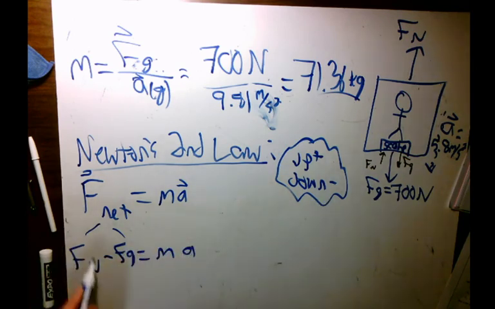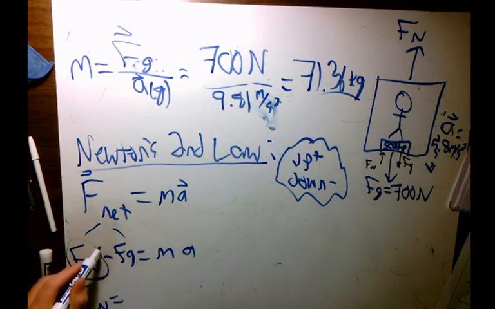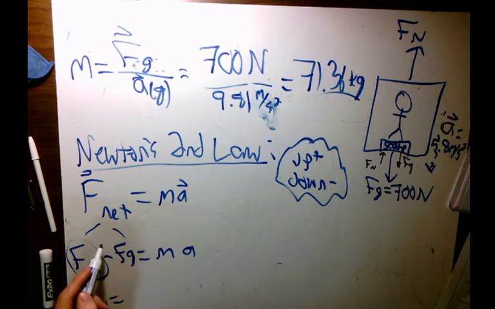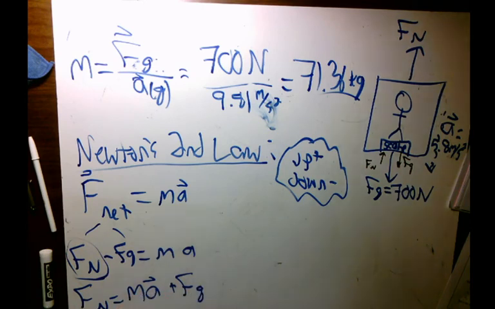So we're trying to solve for the apparent weight of this person, or that reading on the scale. So the normal force would be equal to, we'd have to add Fg to both sides, so we have our mass times our acceleration plus the force of gravity, which makes sense, because we have a negative acceleration.